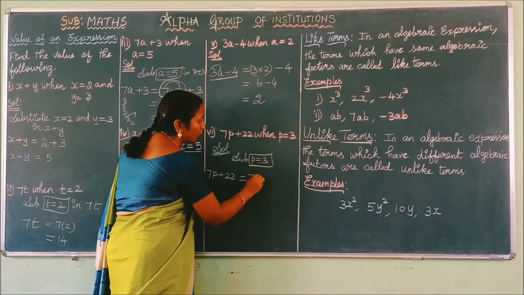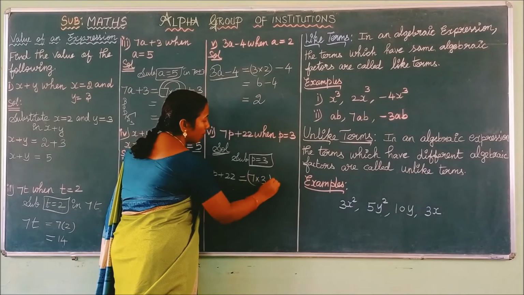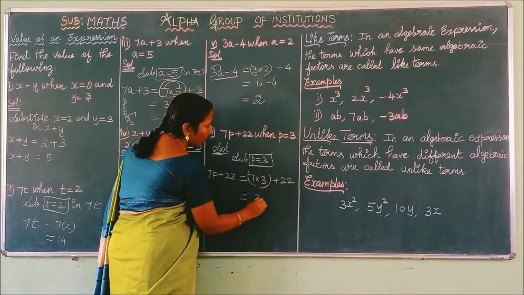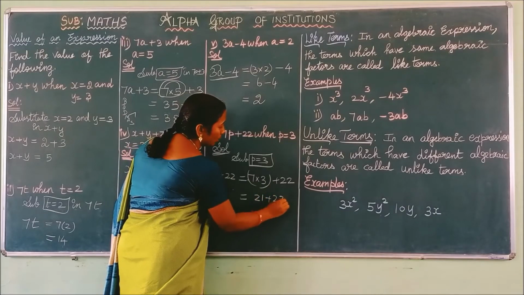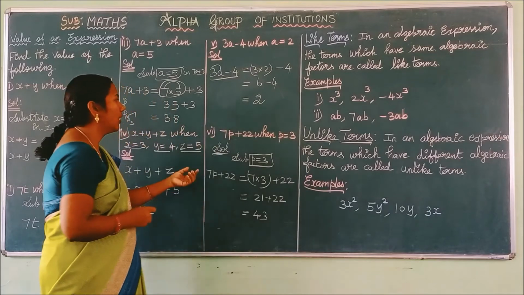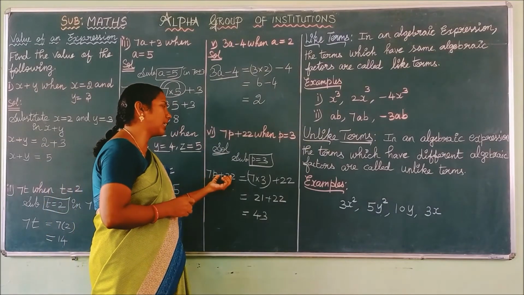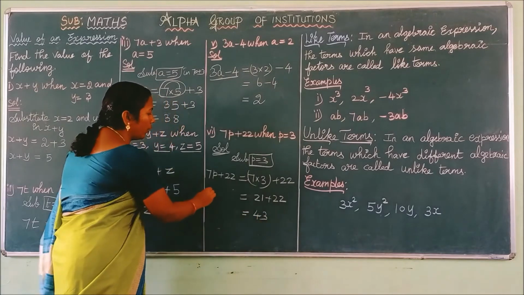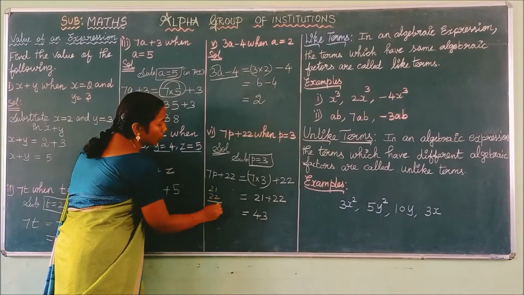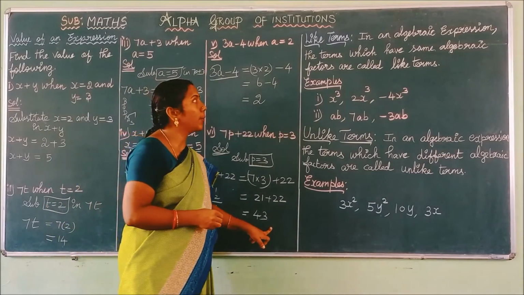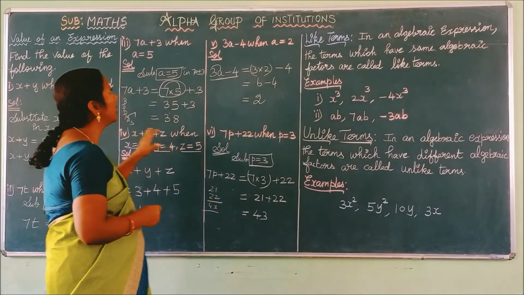So 7 into 3 plus 22. 7 3s are 21, plus 22, which is equal to 43. So the value of the given algebraic expression at p equal to 3 is 43. 21 plus 22, what is your answer? 43. Thus we get the answer 43. Do you understand, children? So this is the method.